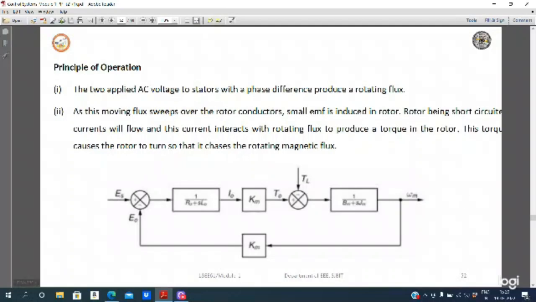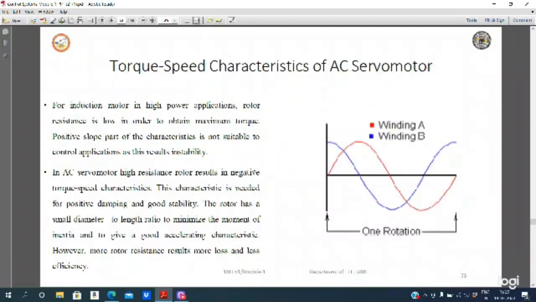This is the block diagram of the AC servo motor. And this is very important: the torque speed characteristic of the AC servo motor. For an induction motor in high power application, the rotor resistance is low in order to obtain maximum torque. The positive slope part of the characteristic is not suitable for control application as this results in instability.